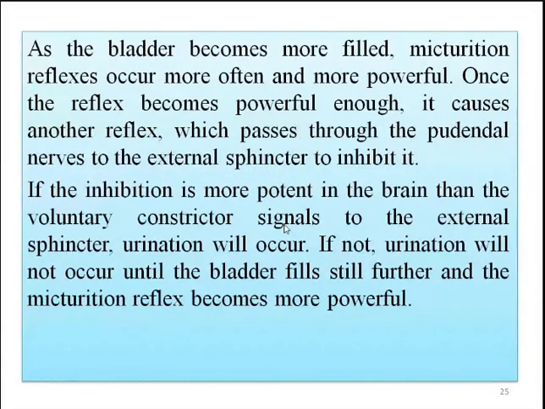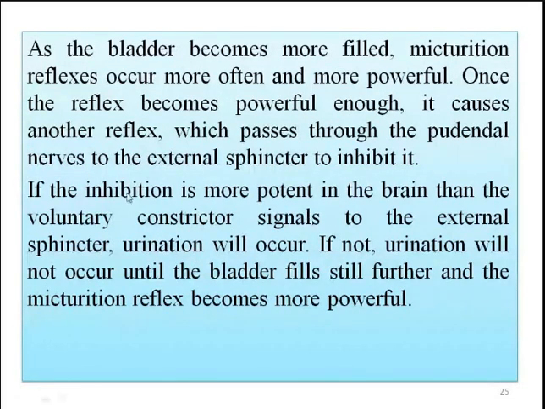But at certain times, what will happen? The constrictor effect will be less than the inhibition of the external sphincter. That is, the brain will send the signal, isn't it? And if the urine volume is more than, suppose, 500 to 600 ml, the urine will flow out.